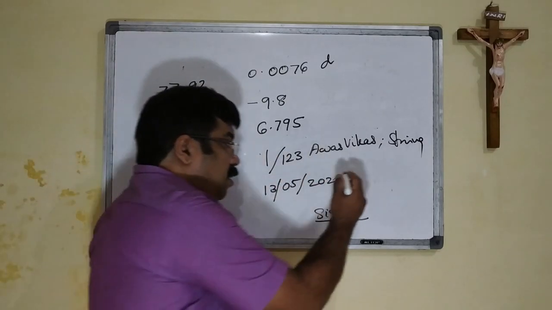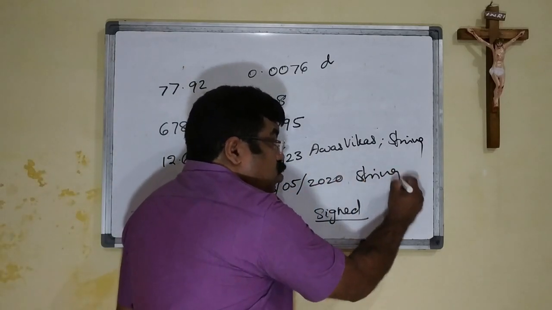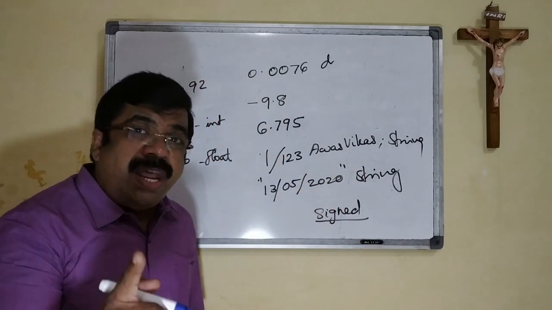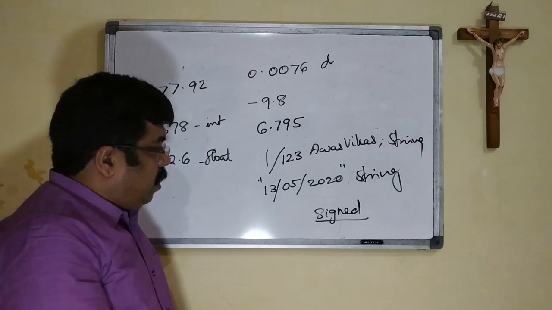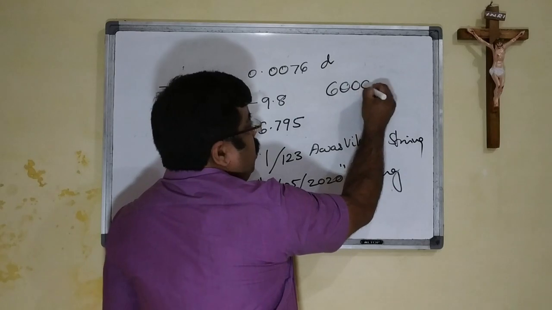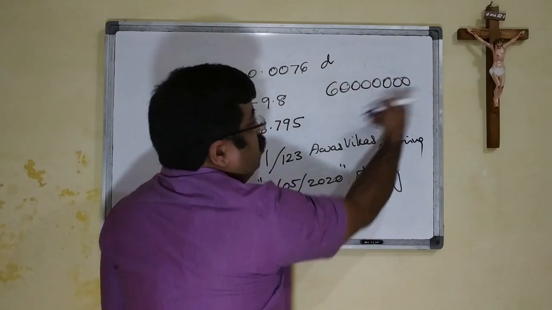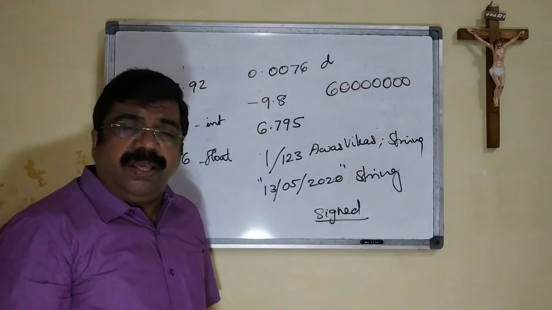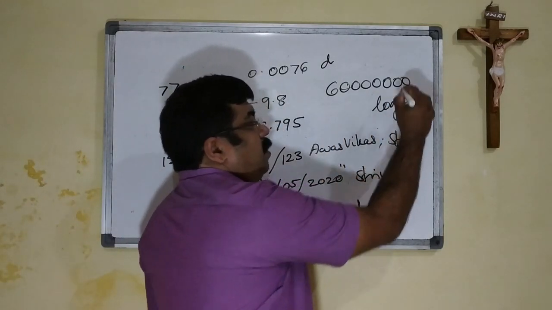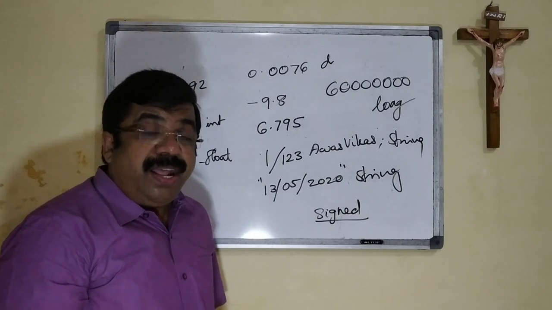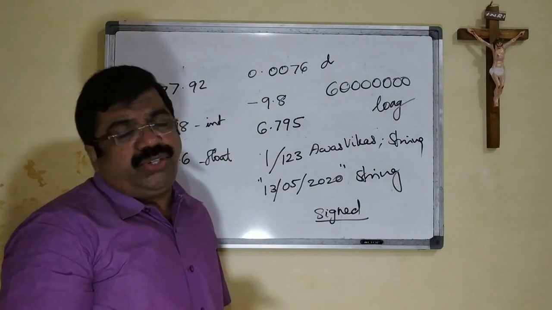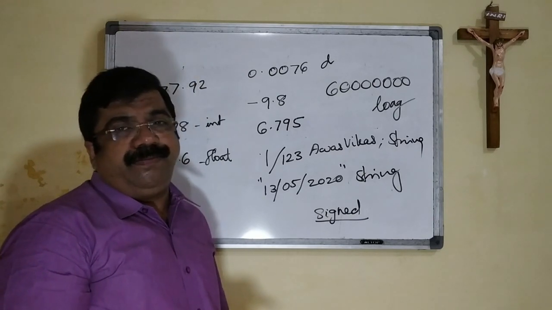That also should be a string because symbols cannot be given in between numbers. Then suppose you have a number of something in this large figure. Go for long. Is it clear? So this kind of question can be asked in the board examination.